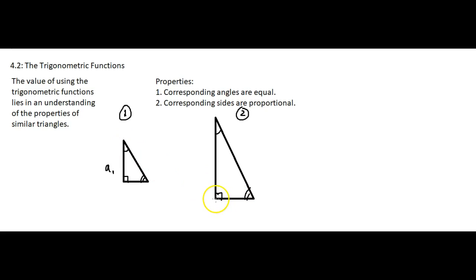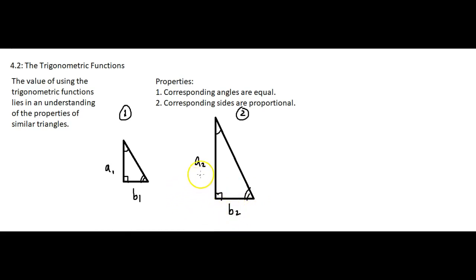And therefore on this triangle, the corresponding one lies between the 90 and the same equal angle. And so we will call this A2. Following that pattern, the side between the 90 and the next smallest angle, or the medium-sized angle, let's call this B1. And therefore, on this one over here, the corresponding side is B2.